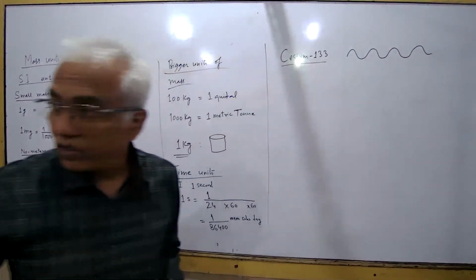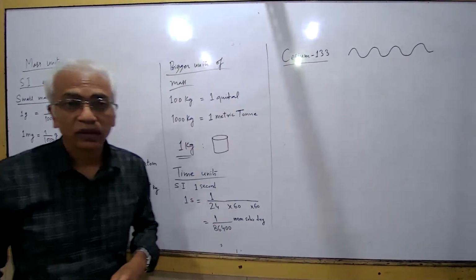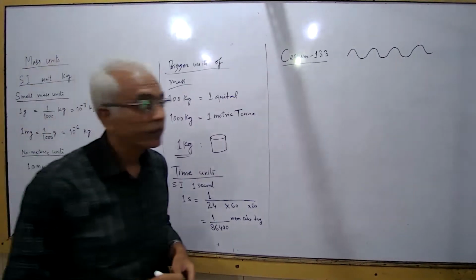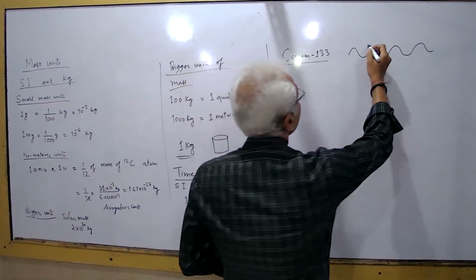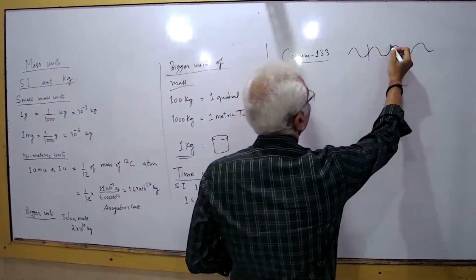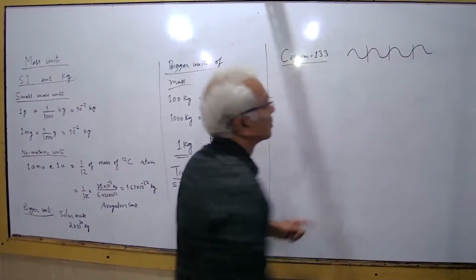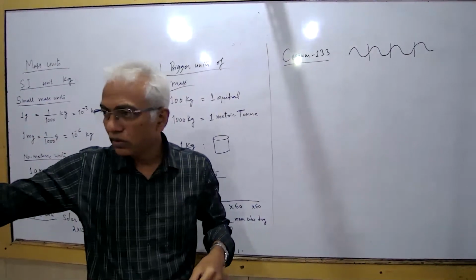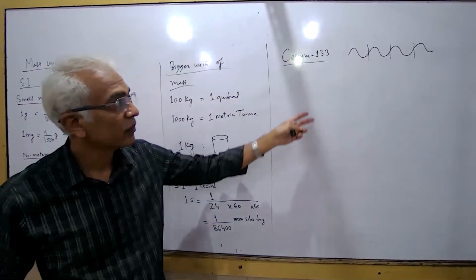These radiations are emitted in the form of electromagnetic waves, right? So this is one wave cycle. A wave consists of wave cycles, 1, 2, 3, like that.